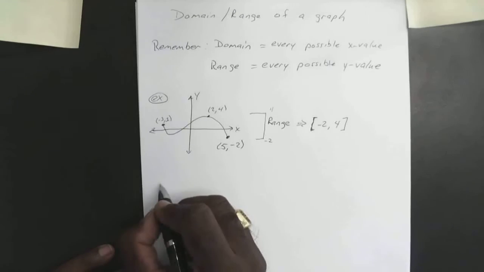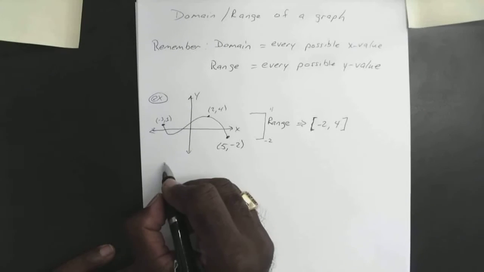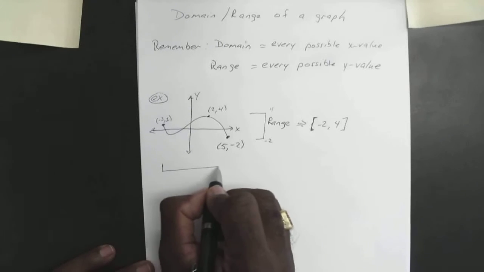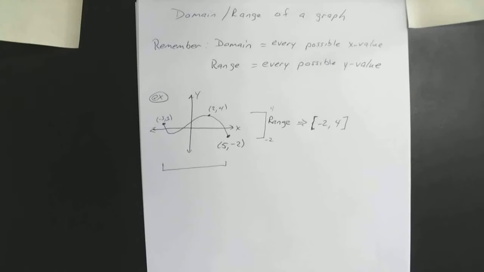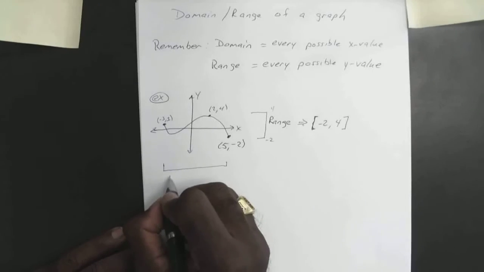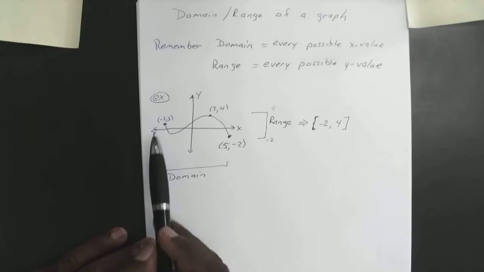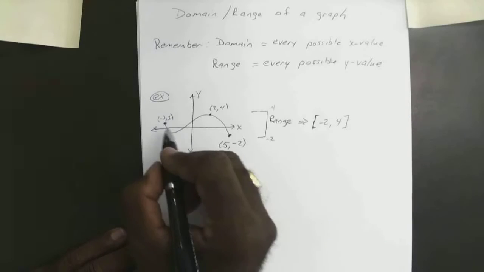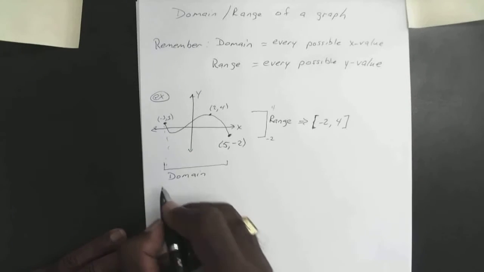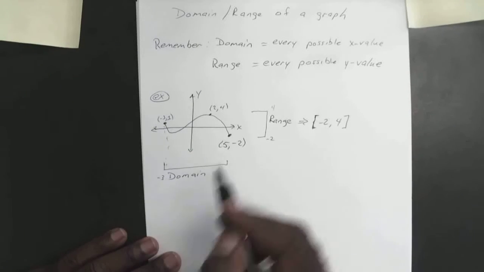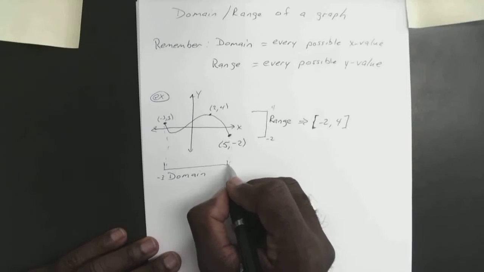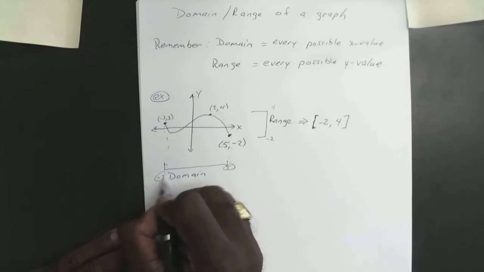Okay, so let's say for your domain, you forgot your domain. Your domain is every possible x value. Here you have -3, which is where it starts, and here it goes to 5.